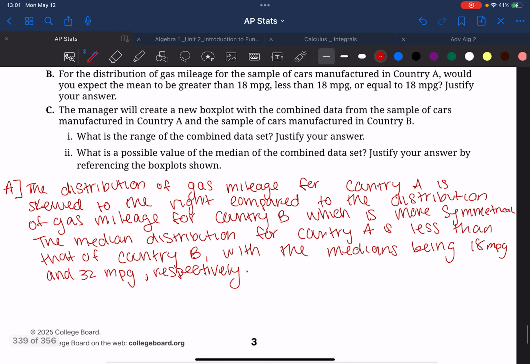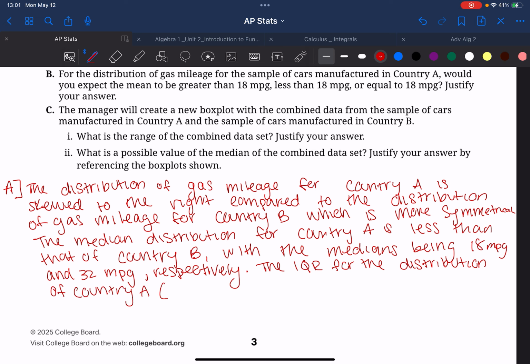When we do that, we notice that the IQR for country A is less than the IQR for country B. So I would say the IQR for the distribution of country A, which I found to be 8 miles per gallon, was also less than country B, which I found to be about 11 miles per gallon.